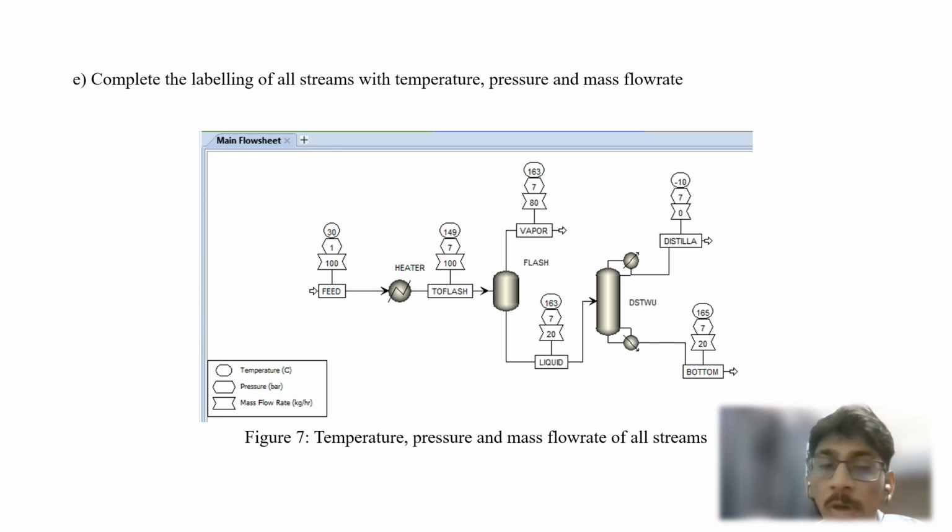These parameters provide critical insight into the operational condition at various points in the process, ensuring the proper tracking and analysis of the material flows through the heater, flash separator, and DSTWU column. Accurate labeling helps to evaluate the system's performance and guides any necessary adjustments so that the process will run successfully.